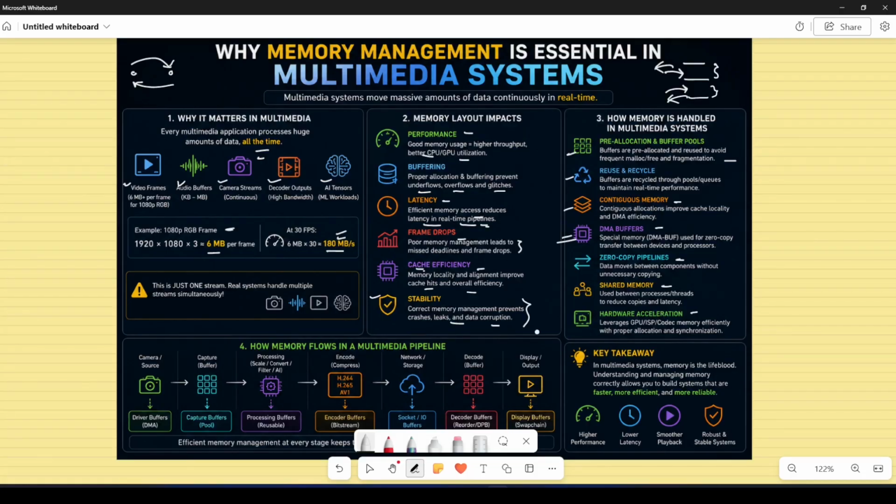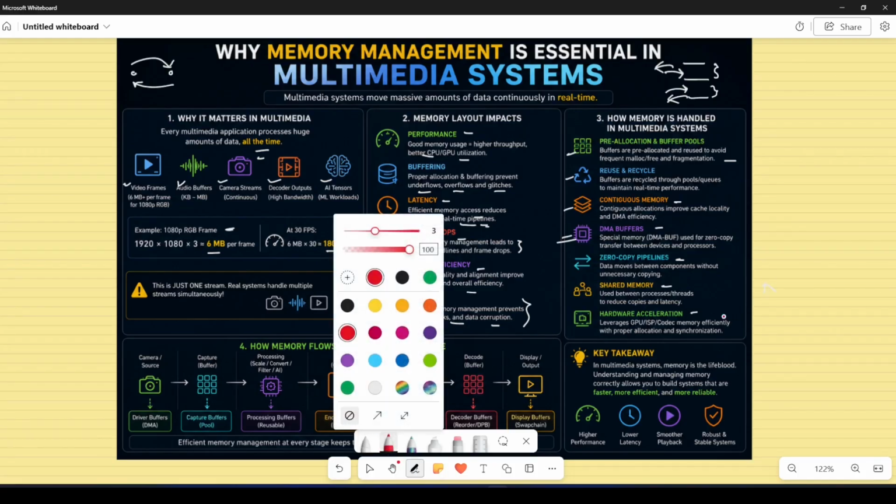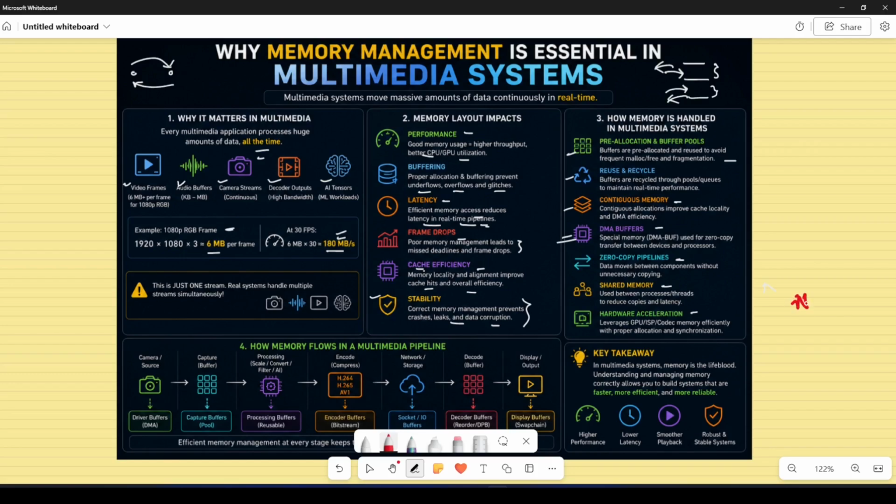So we have NVIDIA systems that use hardware accelerators, right? Intel machines also use hardware acceleration. We have encoders, decoders, many things are there actually.